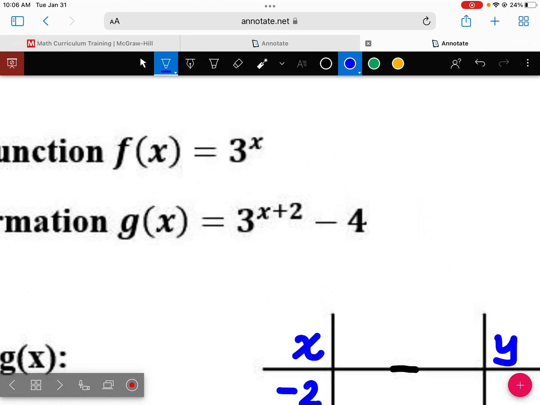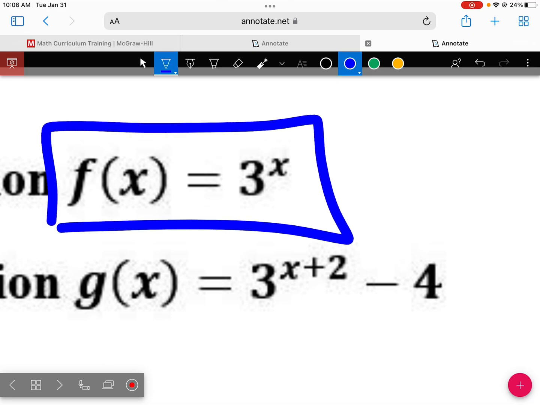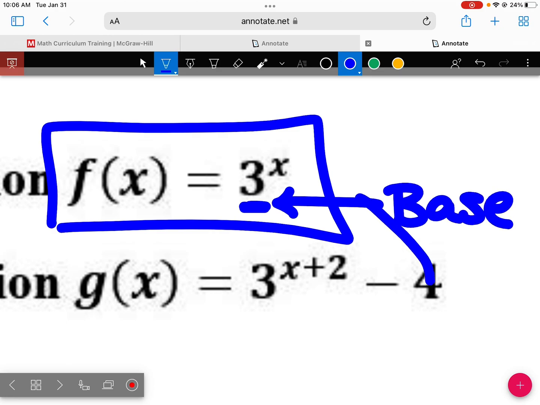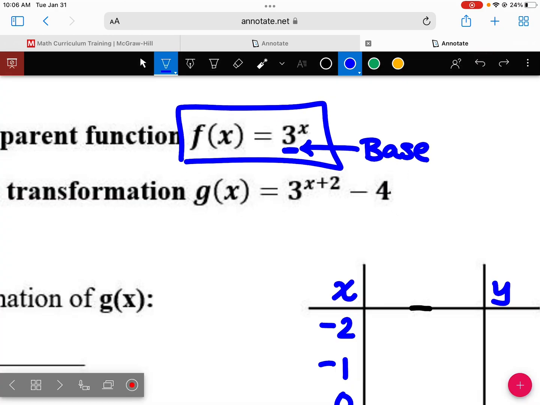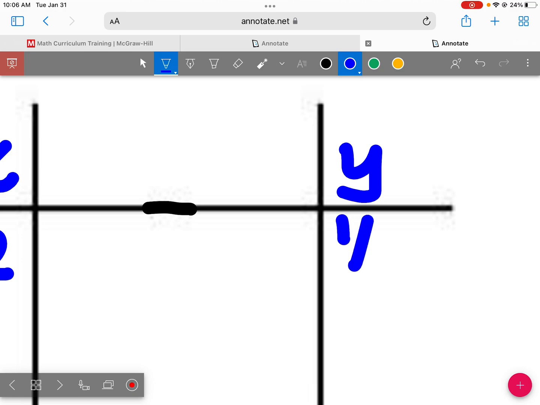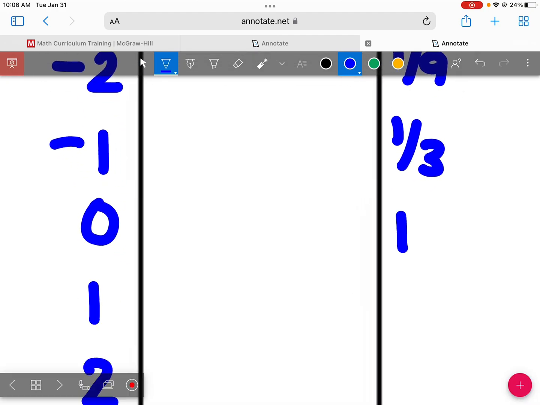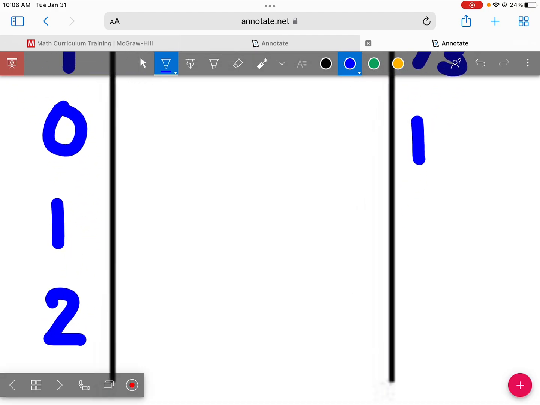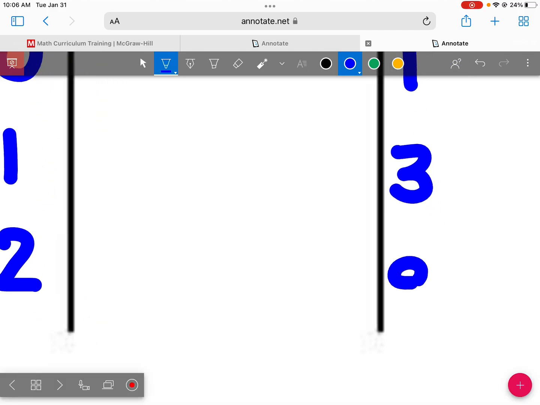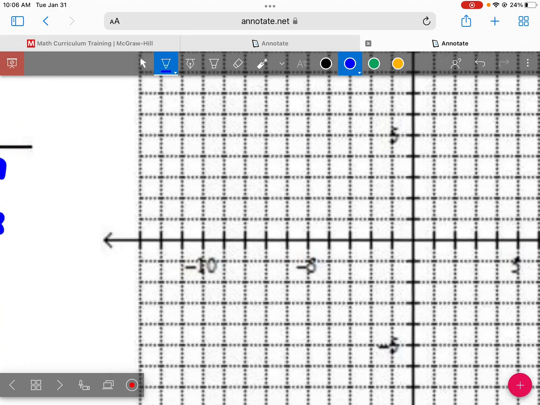What is the base on this parent function? Base of 3. So 3 to the negative 2, we just did this on the bell work, that was 1/9. 3 to the negative 1 is 1/3. 3 to the 0 is 1. 3 to the first power is 3, and 3 squared is 9.